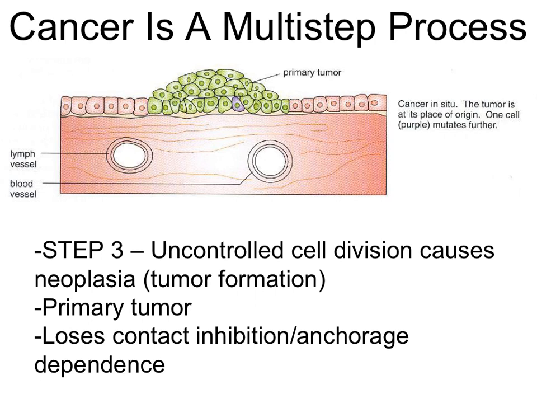Another thing that's happened is that the green cells are now growing in a pile. This means that the green cells have lost anchorage dependence, and even though they're not attached here, they're still dividing. We would officially call this cell pile a tumor. Since the tumor is in the same place where the first mutated cell started, this is called a primary tumor.